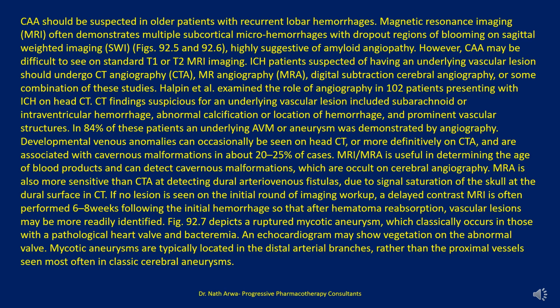CT findings suspicious for an underlying vascular lesion included subarachnoid or intraventricular hemorrhage, abnormal calcification or location of hemorrhage, and prominent vascular structures. In 84% of these patients, an underlying arteriovenous malformation or aneurysm was demonstrated by angiography.